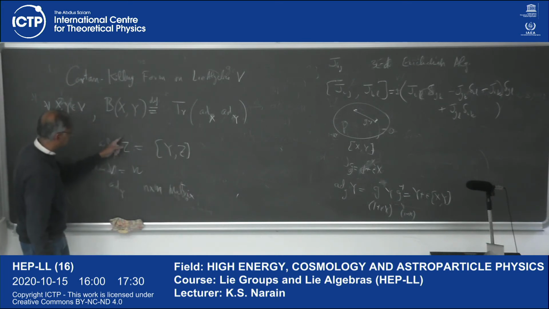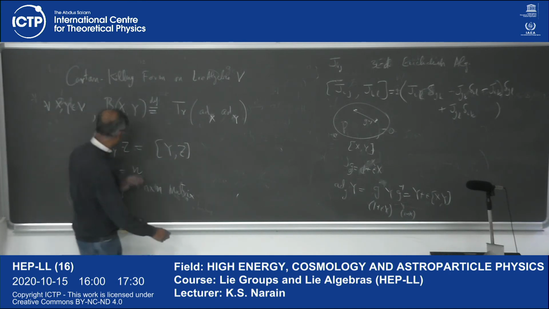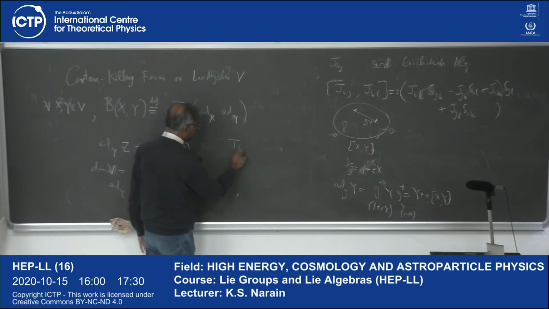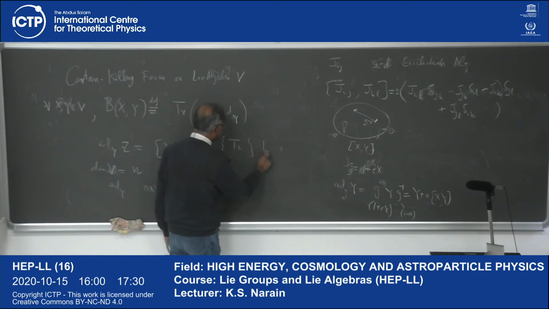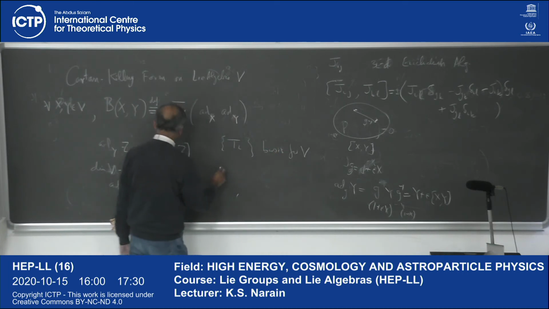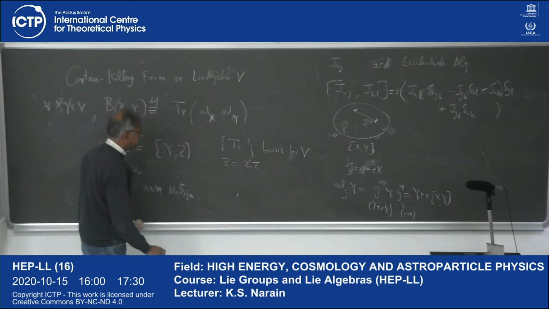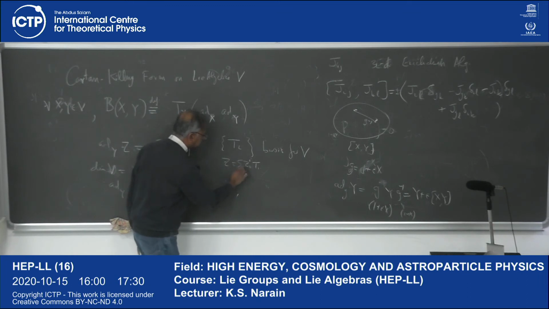I can just choose a basis P_i for V, and then I can always write Z as some combination Z^i P_i, where these are some numbers, i going from 1 to n.